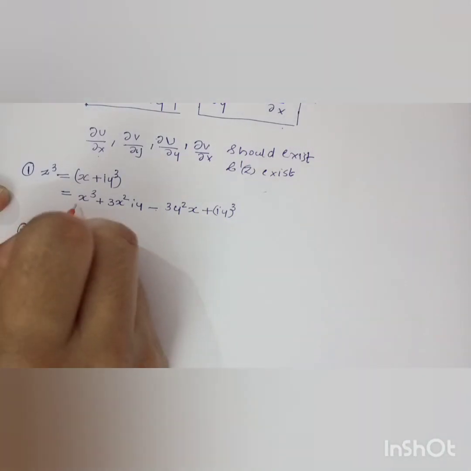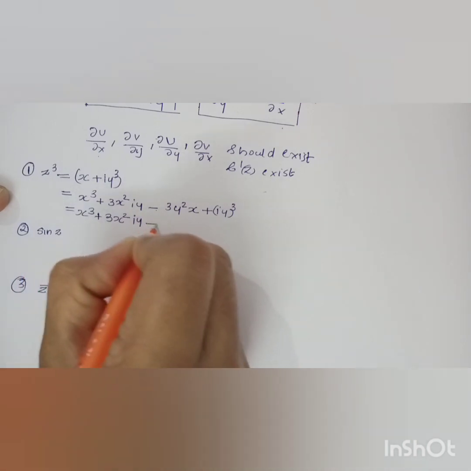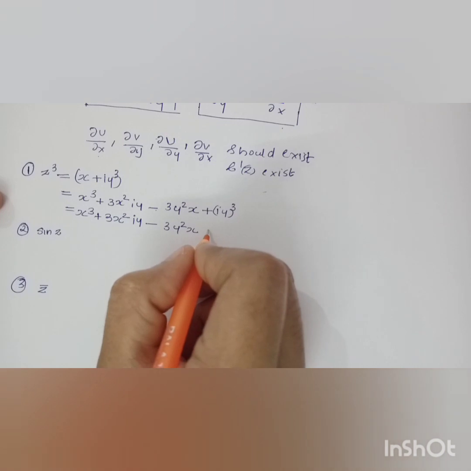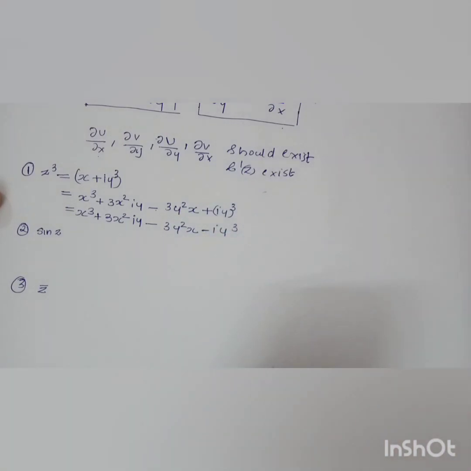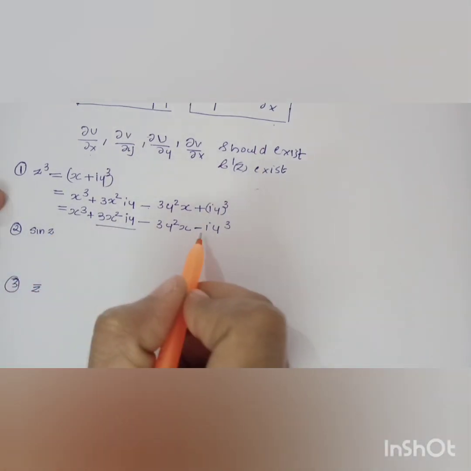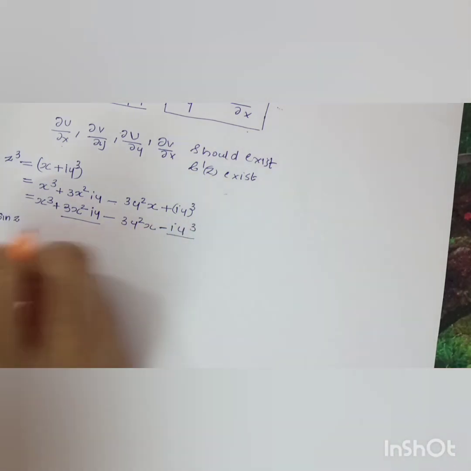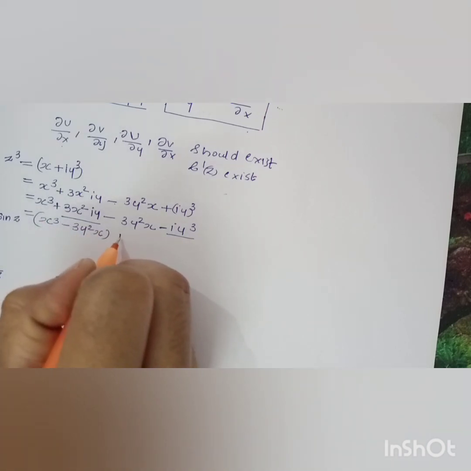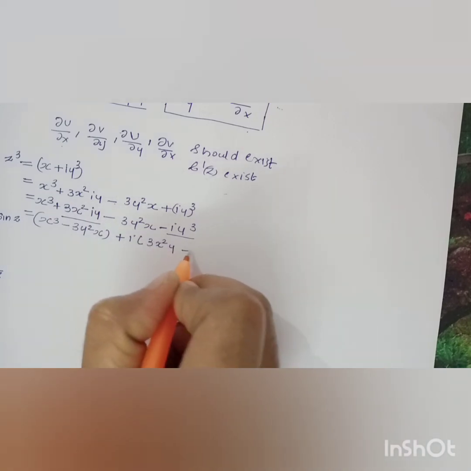So that is x cube plus 3x square iy minus 3y square x minus i y cube. We know there is an imaginary number, so we have to separate the real part and the imaginary part: x cube minus 3y square x plus i into 3x square y minus y cube.